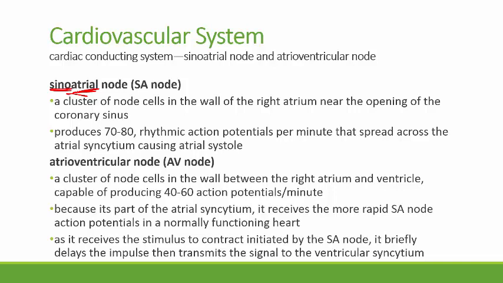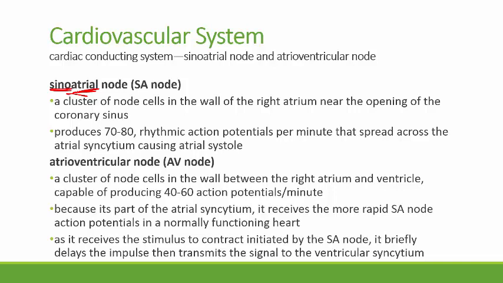Now, if something were to happen to the heart and the SA node stops functioning, then the AV node, here's the good news, will take over and produce its own rhythm. But people who have a malfunctioning SA node have a much slower heart rate when the AV node takes over, because rather than 70 to 80 action potentials every minute, they're getting about 50, somewhere between 40 and 60 action potentials per minute.